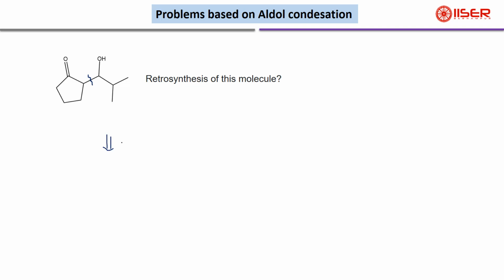What is the probability? What is the synthetic equivalence? As the negative charge at the alpha carbon is stable, we are keeping a negative charge at this place, and as oxygen is attached to this carbon, we are keeping a positive charge at this place.